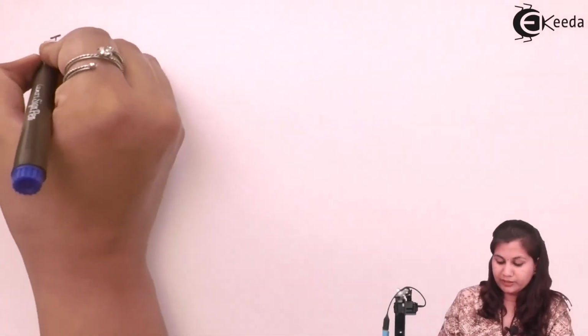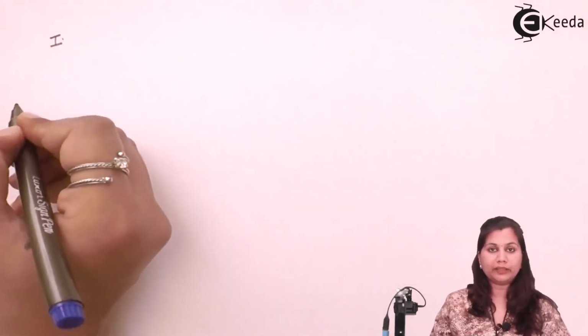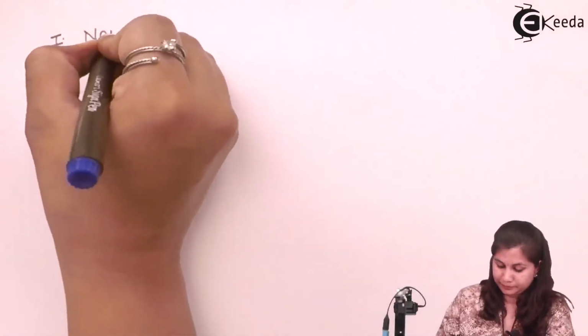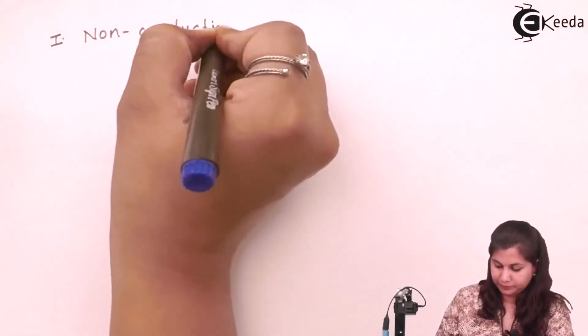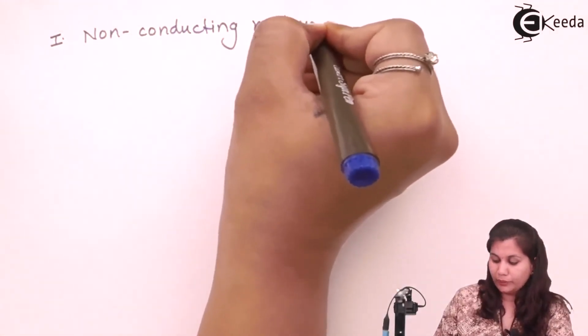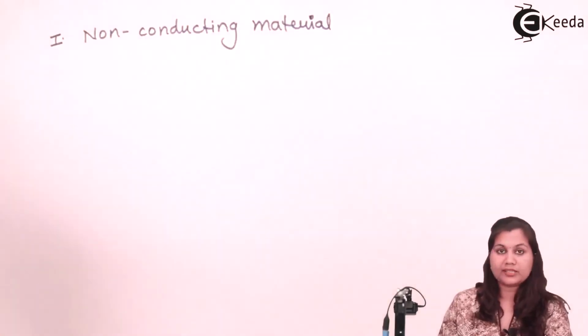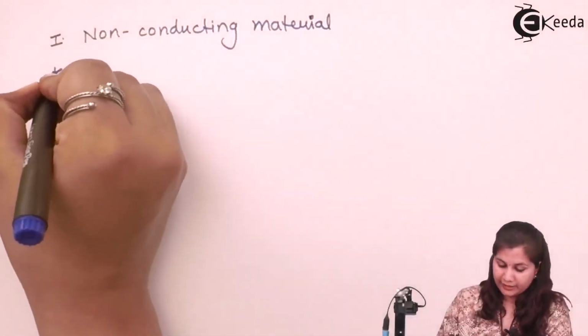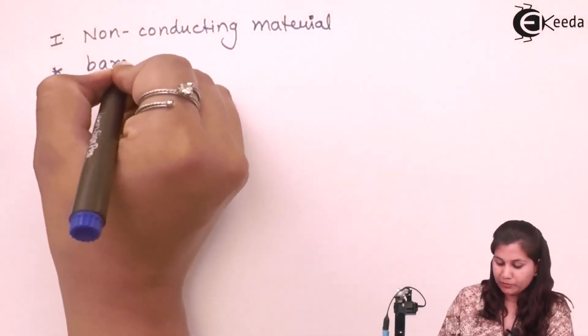So first we will study the measurement of liquid level for the non-conducting material. When the material or the liquid is a non-conducting material, there is no need of any insulation. So in that case, bare probe arrangement is used.